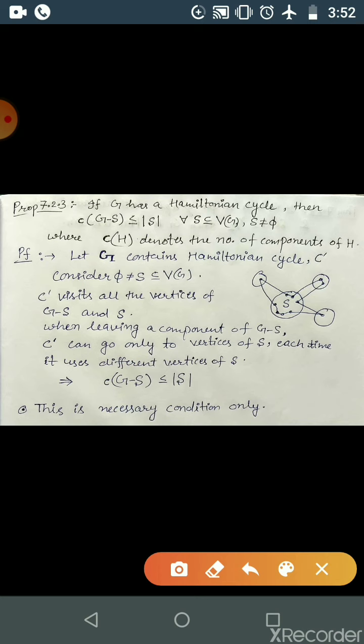So if G is Hamiltonian, then c(G minus S) is less than or equal to the cardinality of S, the number of vertices present in S, for any non-empty set of vertices.